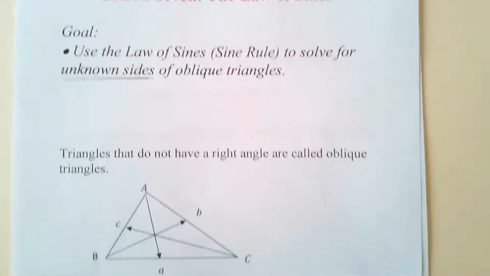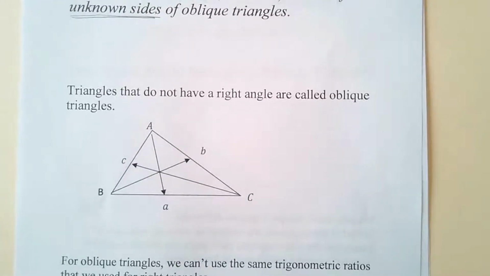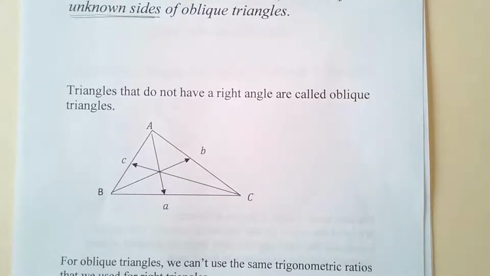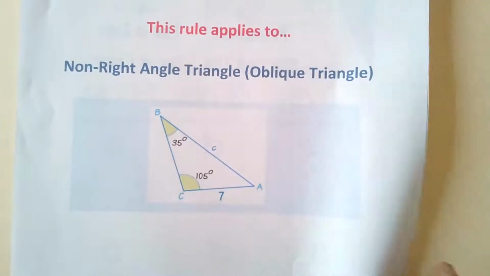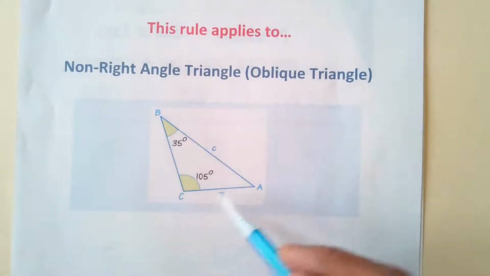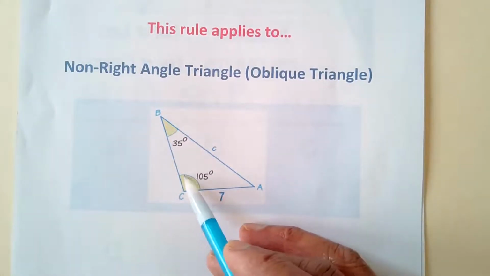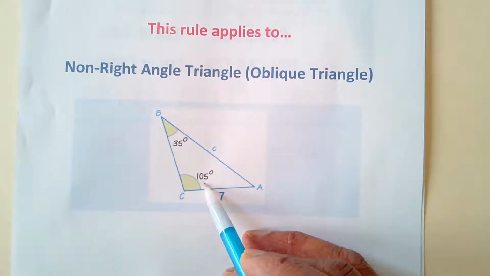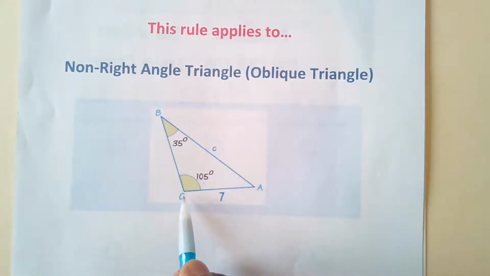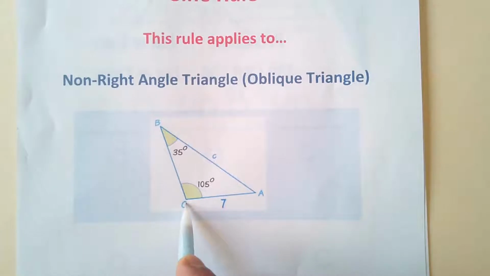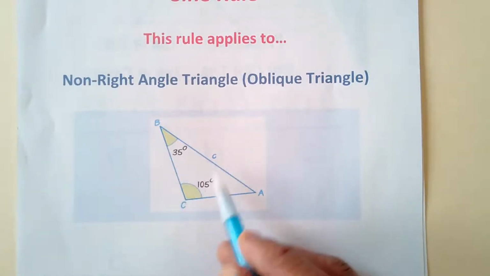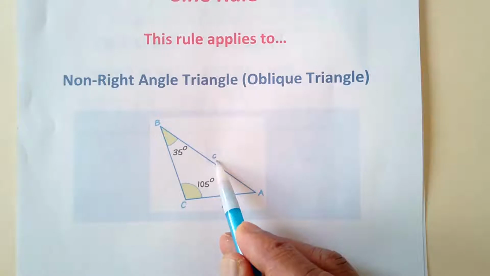Just to recap, triangles that do not have a right angle are called oblique triangles, and therefore we can't use the same trig ratios. Here's an example of an oblique triangle. One of the angles is 105 degrees, and the angle is labeled with a capital letter, so we label this angle C. The side opposite is labeled small c.